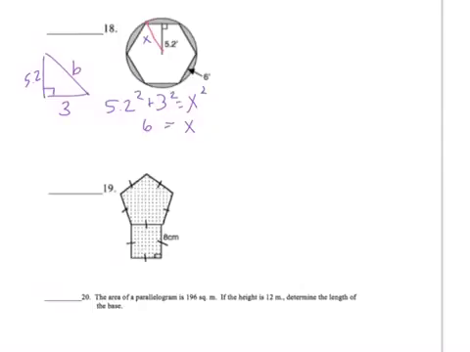So in order to find my area of the hexagon, I like to do my SANPA. The number of sides is 6. The apothem is 5.2. The N is 6, and the length of each side is 6.